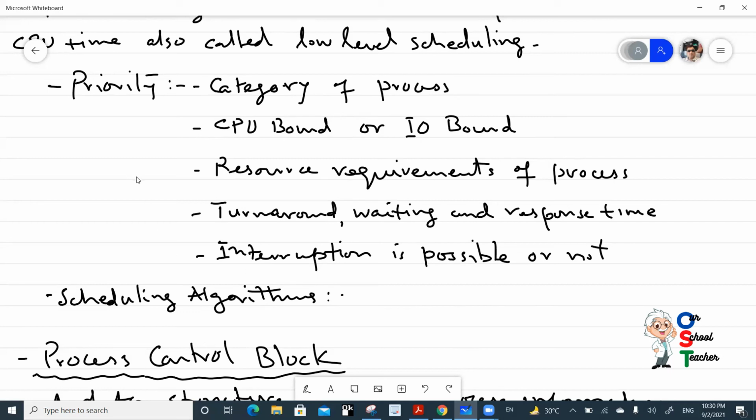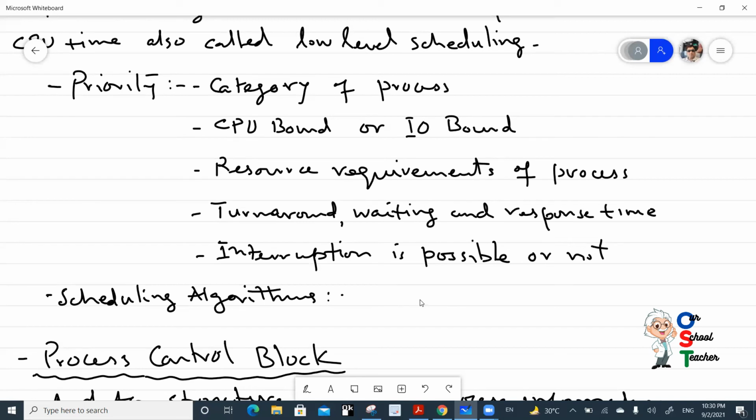It depends on the kind of algorithm being used by the system. Scheduling algorithms may be of different types, we will see. It may be round robin, in which all the processes are given equal time.